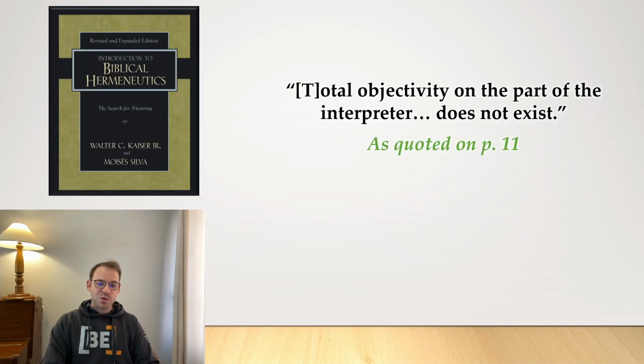One example would be this one. These authors write that total objectivity on the part of the interpreter does not exist. Of course, he lists many other scholars as well, but we'll only list this one. And notice again, as Tom Howe pointed out at the beginning, that a statement like this one would be self-defeating.